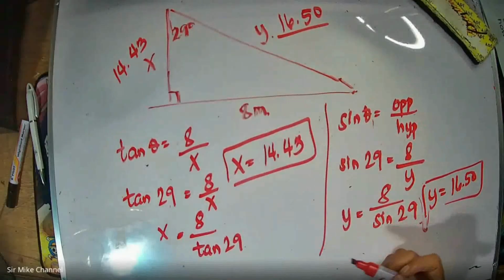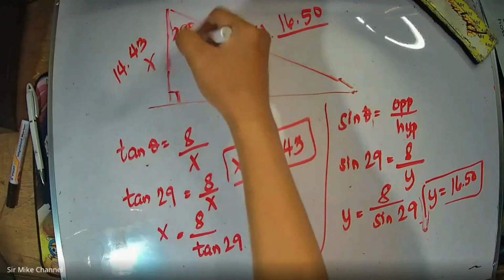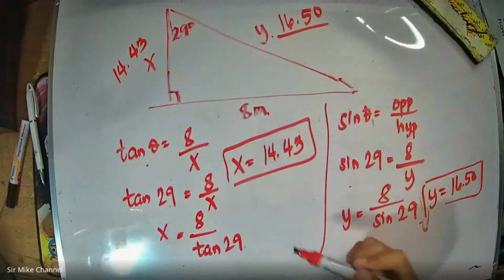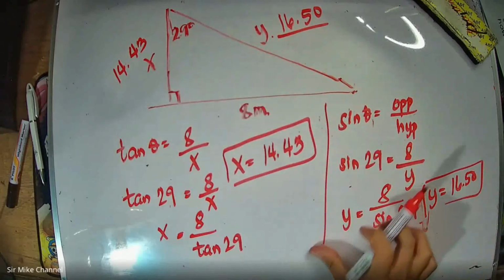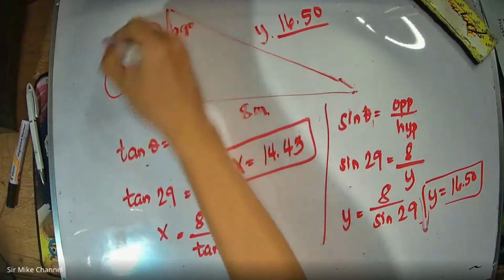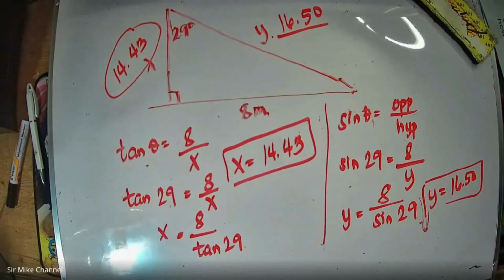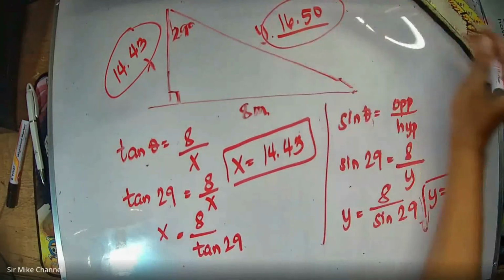Okay, so ang measurement natin dito, class, is 16.50 and ito naman ay 14.43. Okay, so ito raw yung measurement natin ng post bago siya babali. Okay, so pag-add natin yan, 14.43 plus 16.50.